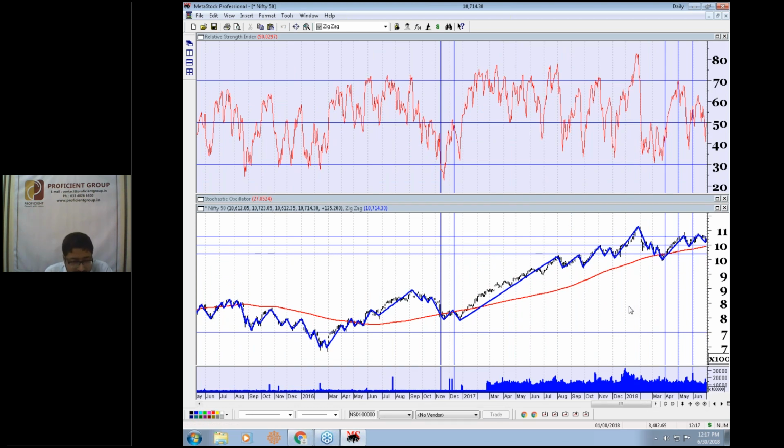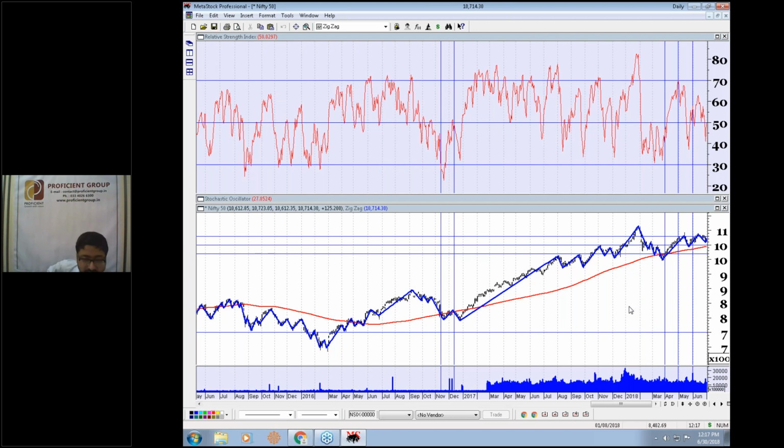The diagram on my screen shows the daily values of Nifty since May 2015 till now, and you can see the zigzag function. I have also plotted the zigzag function here.